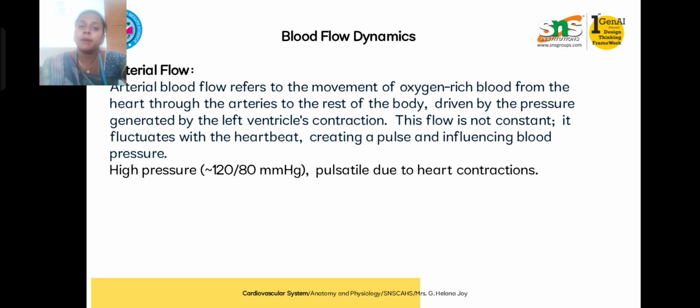So when the blood pressure gets high, it is because of the ventricle's contraction and the fluctuations of the heartbeat. The normal range is about 120 systolic pressure and 80 diastolic pressure, 80 mmHg.